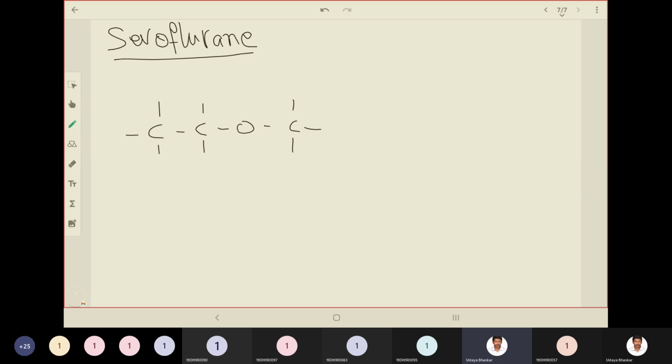You have three fluorines here on the first carbon. On the second carbon, one hydrogen and trifluoromethane, CF3. Here you have two hydrogens and one fluorine. So sevoflurane has trifluoromethane. It is an inhalational anesthetic. So this is the difference, a point for comparison.